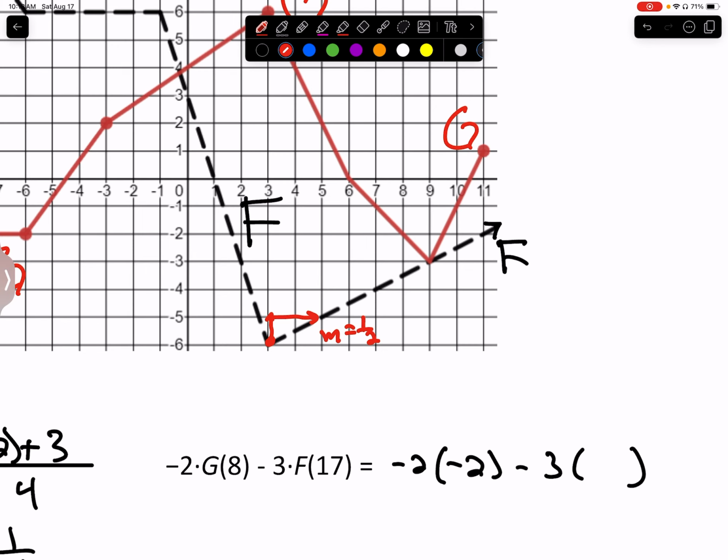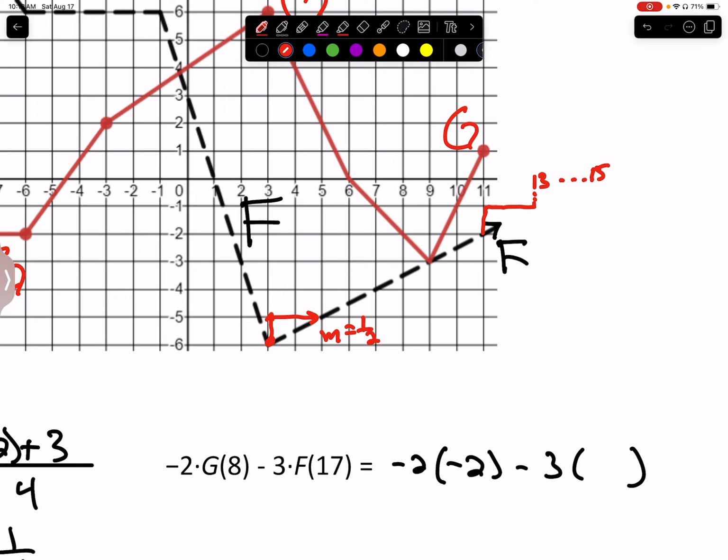So right now, I'm trying to get to 17. I'm at 11 at this point here. If I go up 1 and to the right 2, that's going to put me at 13. If I go up 1 and to the right 2, it's going to put me at 15, 0.